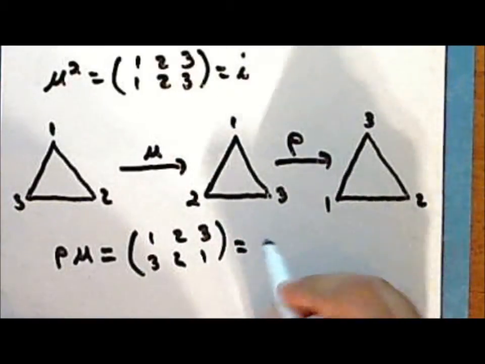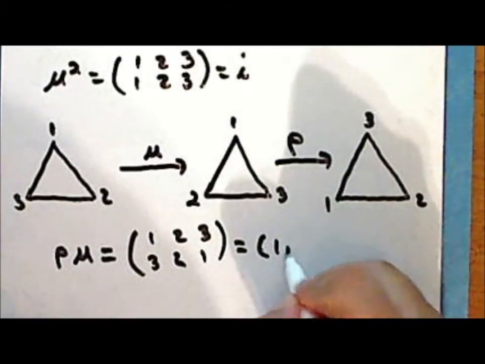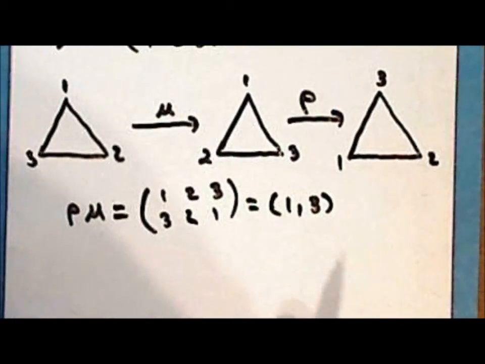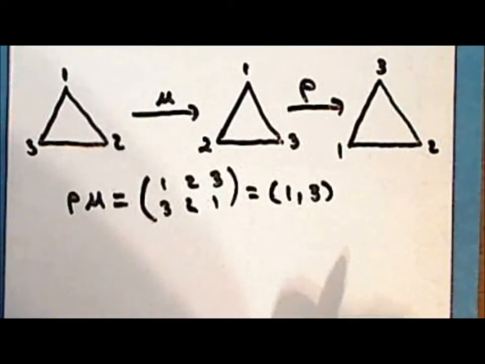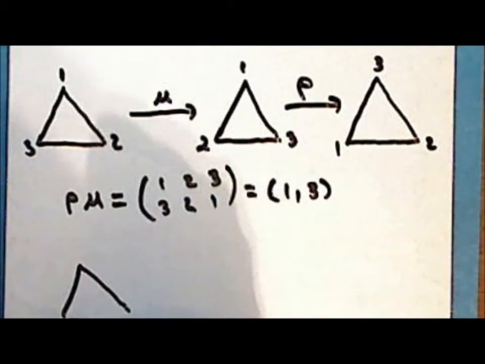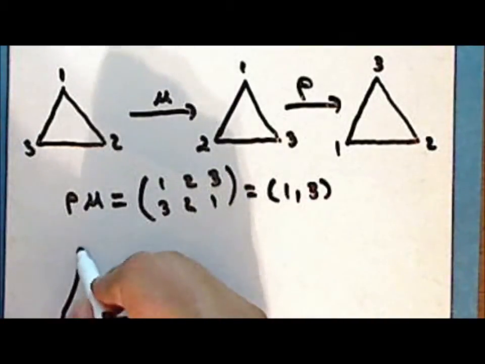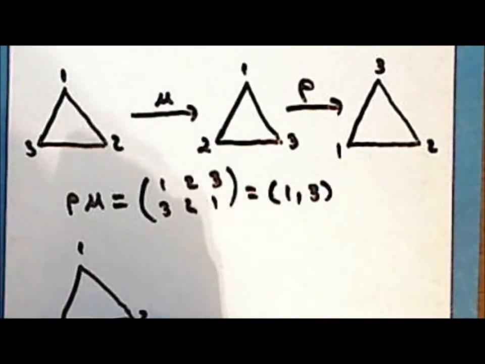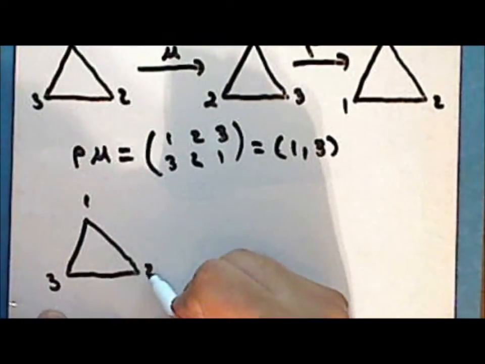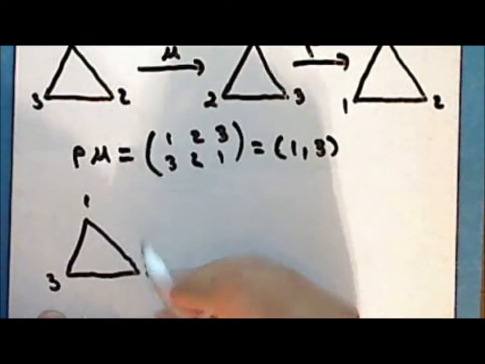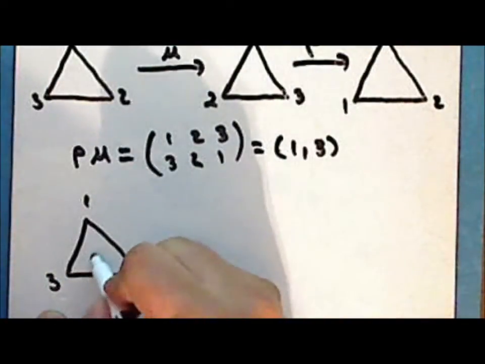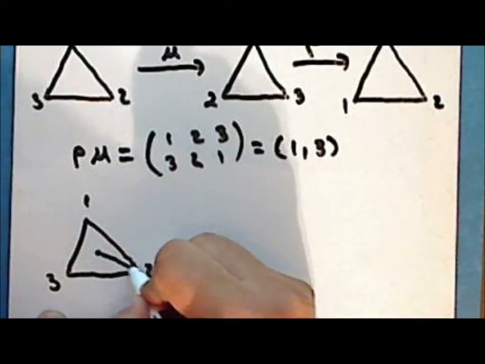And so this is the cycle, 1 to 3 and back to 1, leaving the vertex 2 fixed. So notice that this is equivalent to fixing the second vertex and reflecting about the line through the origin and vertex 2.